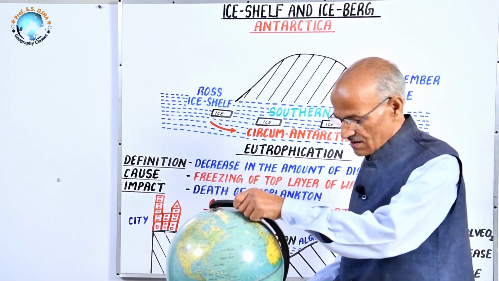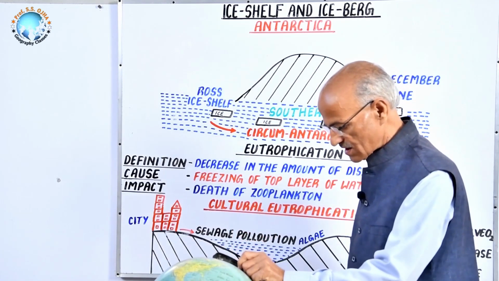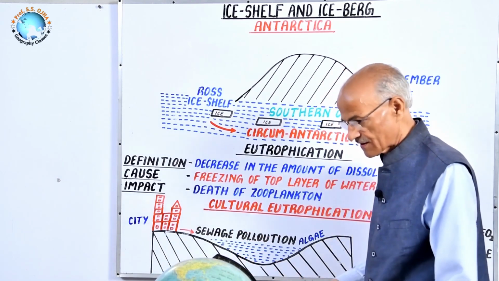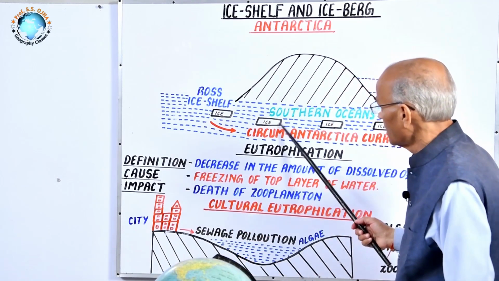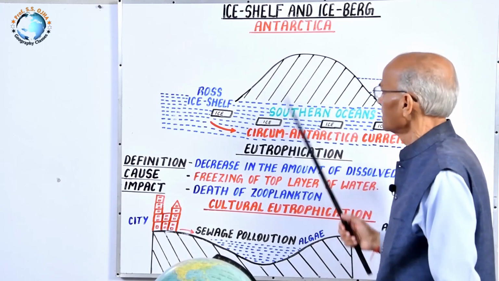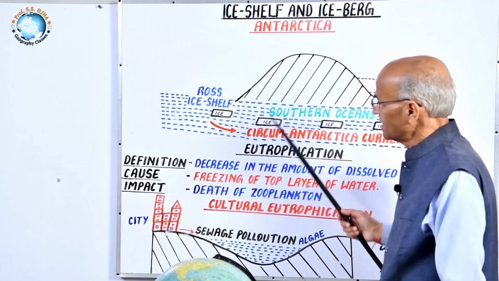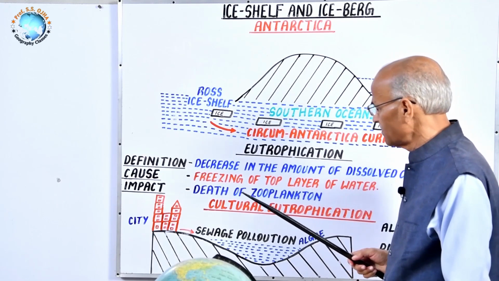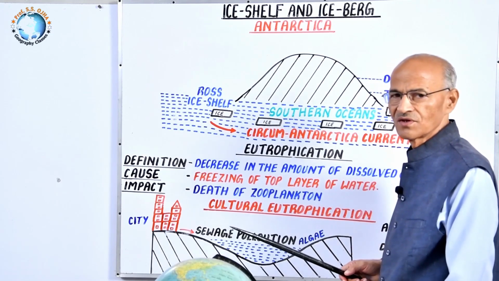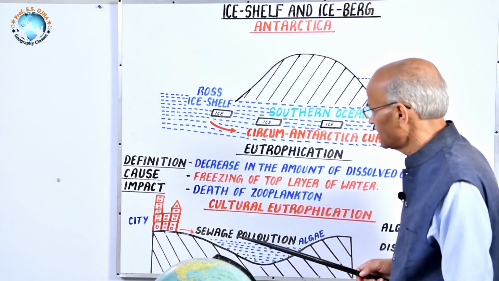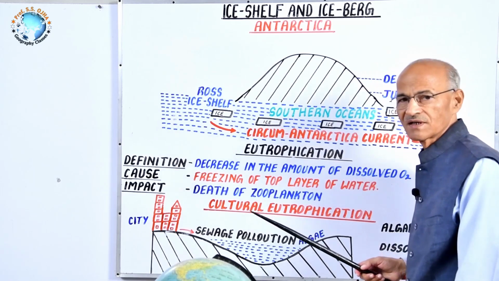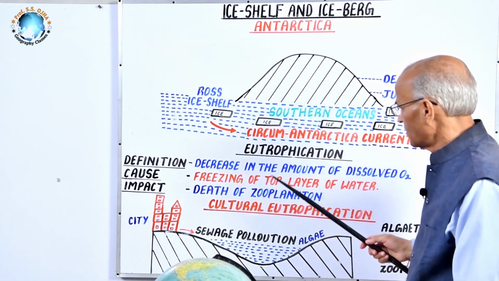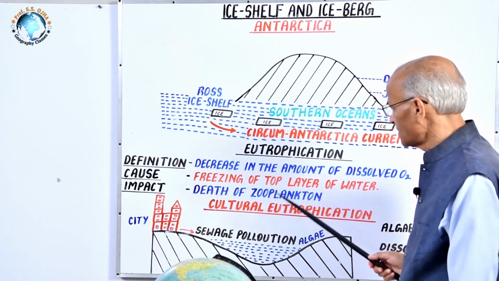Thus, these are some facts related with the Antarctica ice shelf and iceberg. Related with this, there may be two questions which may be asked pertaining to the ice shelf and iceberg. There is one term, eutrophication.